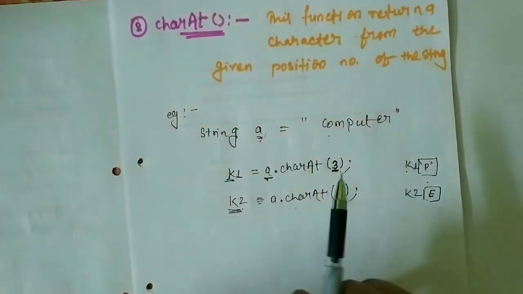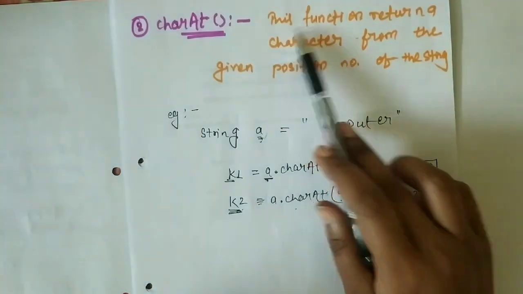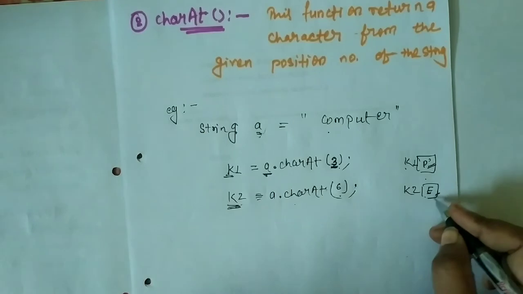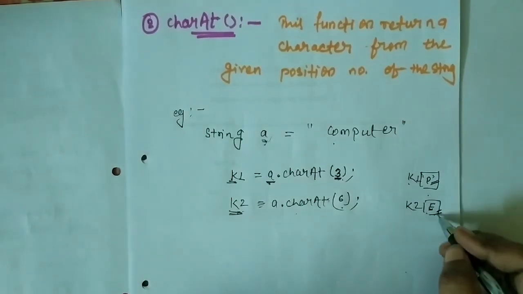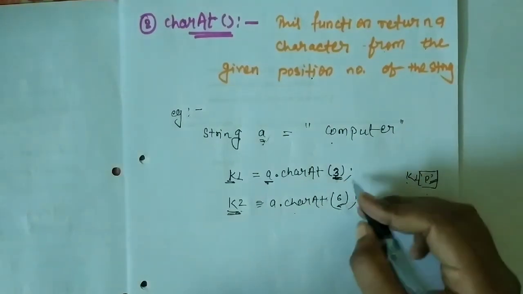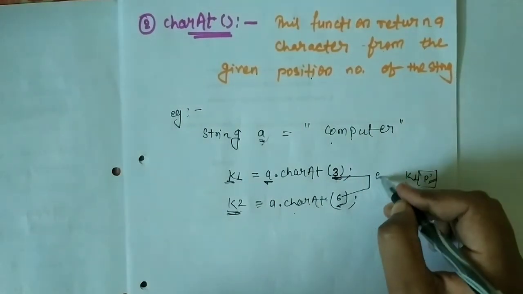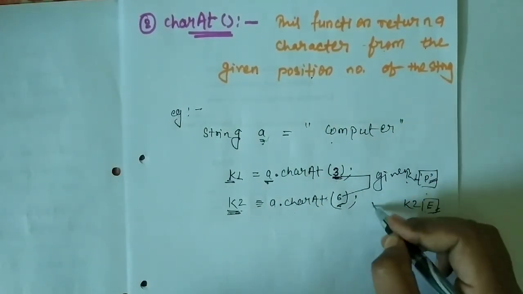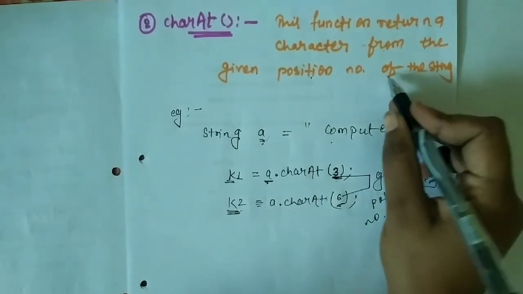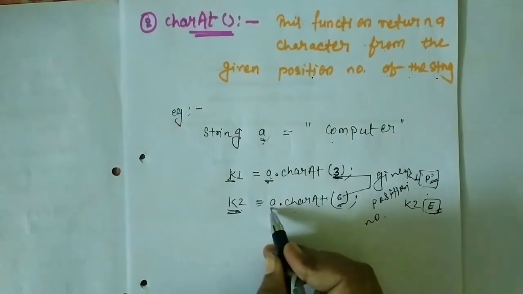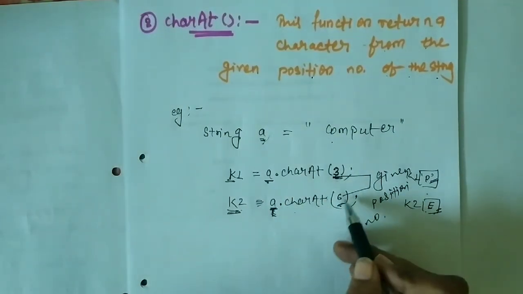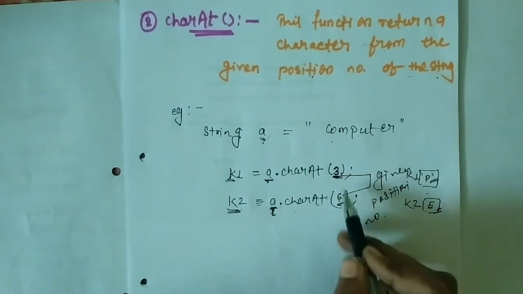So what is the definition of that? This function returns a character, here it returns P or E, from the given position number of the string. By this string, it can return the character of this particular position.